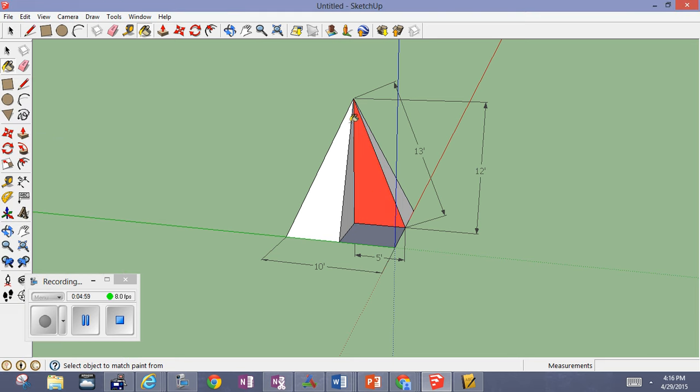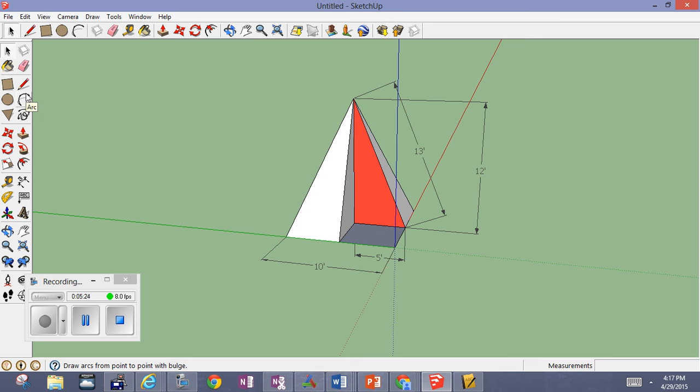My slant height is 13. My height of the pyramid is 12, which I use for the volume, but my slant height is 13. And again, my slant height is what I'm going to use to find the area of one face of the triangle.